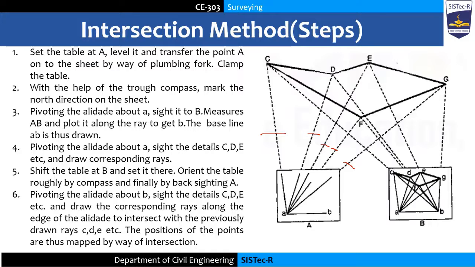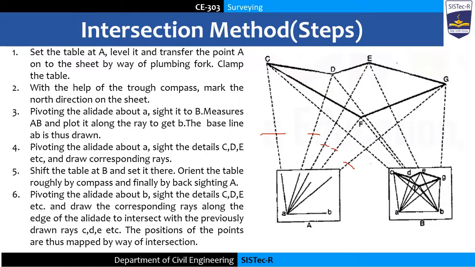Then I will transfer my table to the point B and then I will first orient the table. That means I will keep the direction of the table in the north direction only, and again I will intersect. I will sight all the points from station B. So I will draw all these lines.